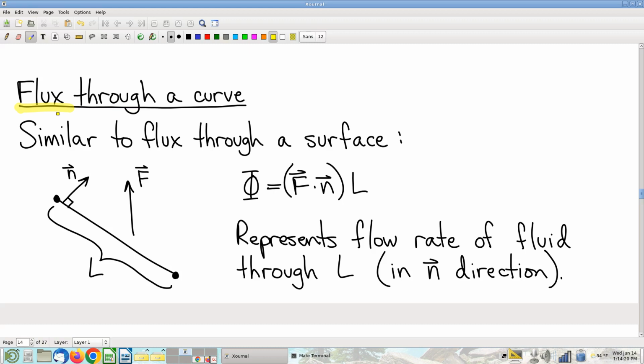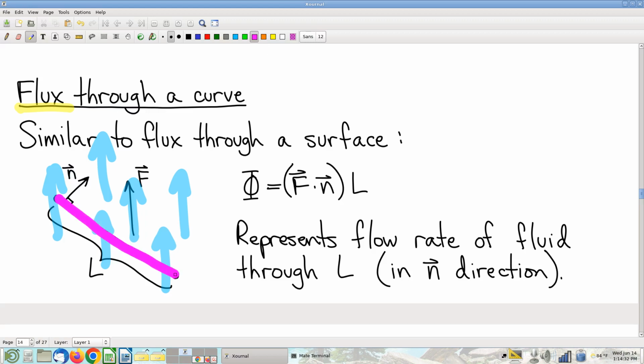Okay, so flux through a curve is just a two-dimensional version of the same thing. If you have a fluid that is flowing in the plane, you can talk about the amount of fluid per unit time that's passing through a little line segment there. Two-dimensional equivalent thing.